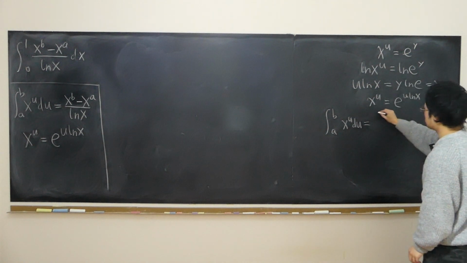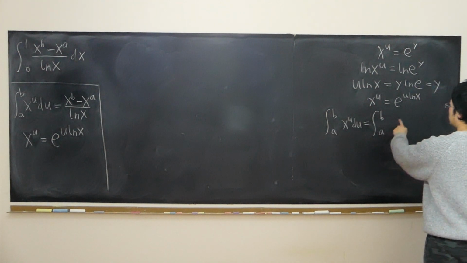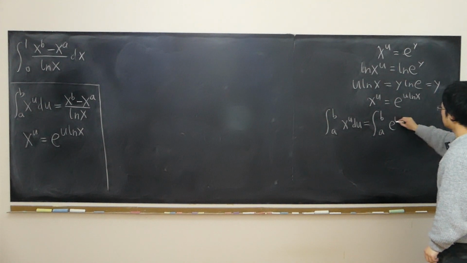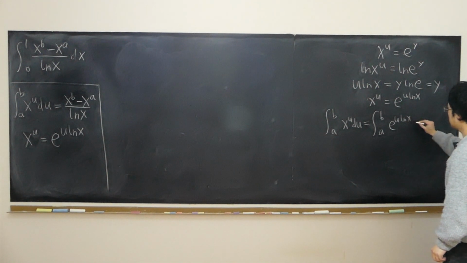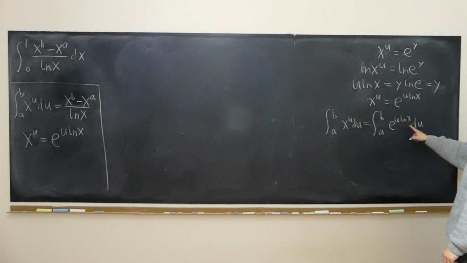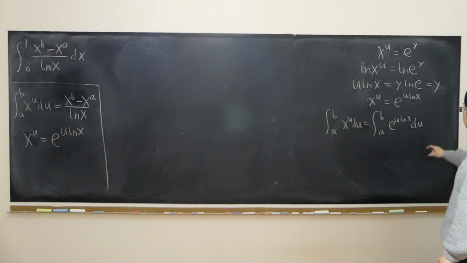can now be written as the integral from a to b, where x to the power of u is written as e to the power of u times log of x, du. Notice that here we treat x as a constant, right? Log of x is a constant, and we integrate with respect to u.